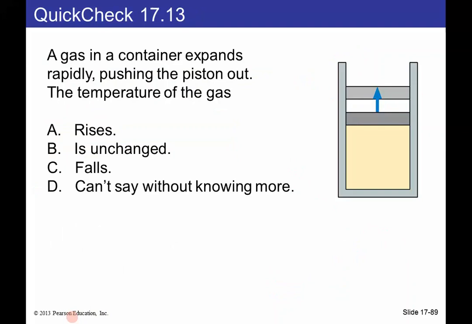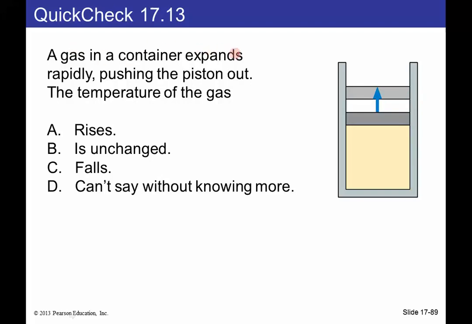Okay, let's look at this example here. A gas in a container expands rapidly. When we say it expands rapidly, that's a way to say it expands so fast that there's no time for heat to go in or out. So that's an adiabatic process.